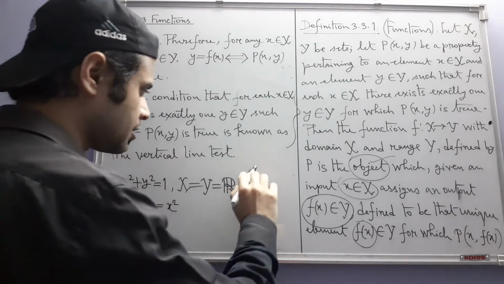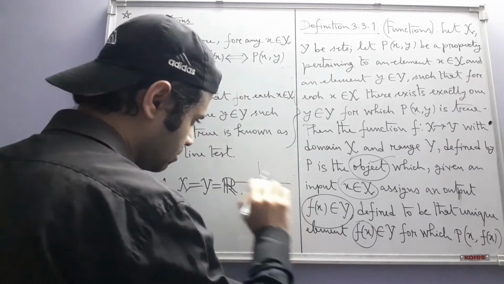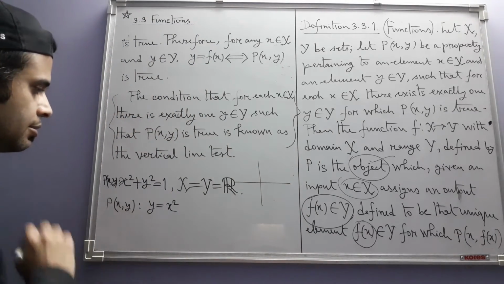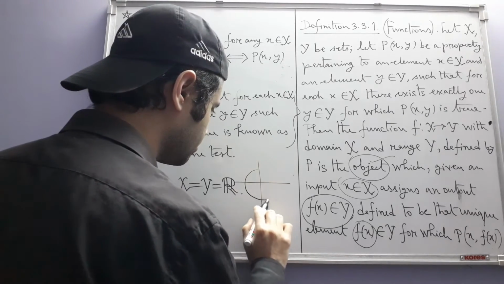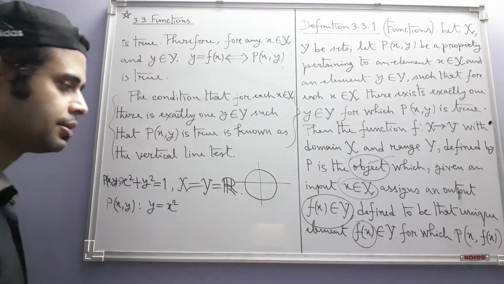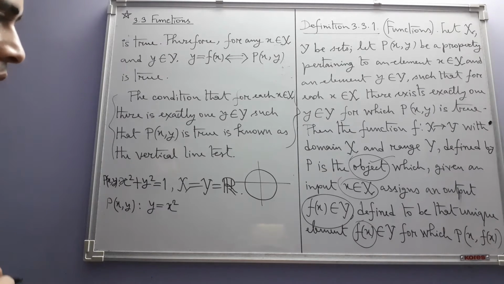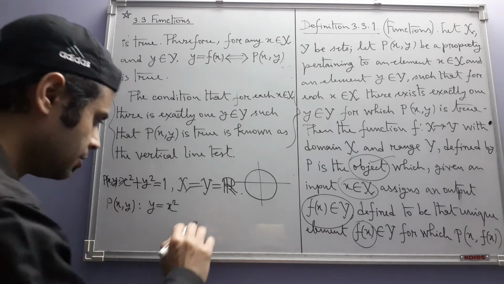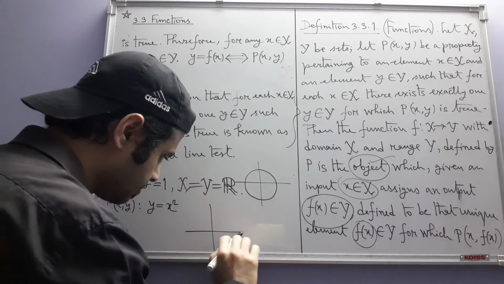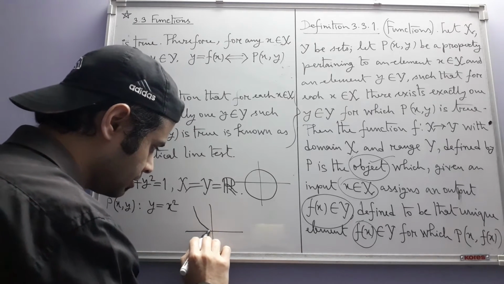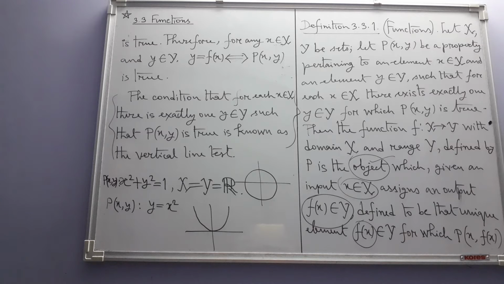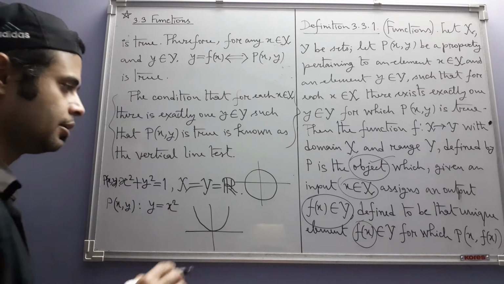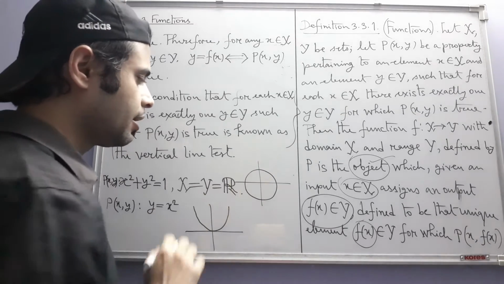The figure for the first equation is the unit circle centered at the origin. It's a circle having radius 1 and its center is at the origin. For the second figure, it looks like this. It's a parabola.